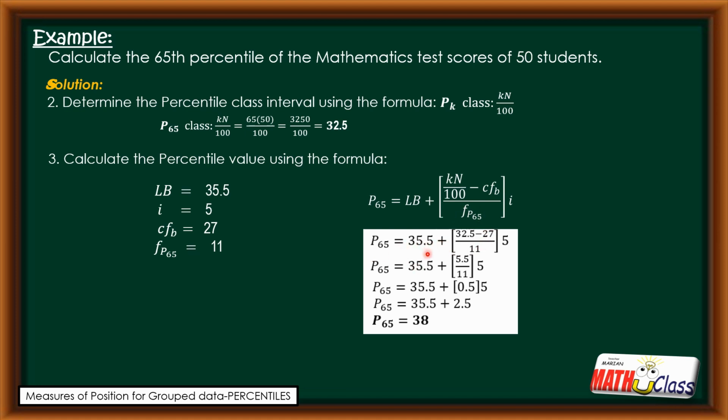P65 is equal to 35.5 plus the quantity of 32.5 minus 27 over 11 times 5. 32.5 minus 27 is equal to 5.5. 5.5 divided by 11, the quotient is 0.5. 0.5 times 5 is equal to 2.5. Now, let us add 35.5 and 2.5. The answer is 38. Therefore, the value of our 65th percentile, or P65, is 38.